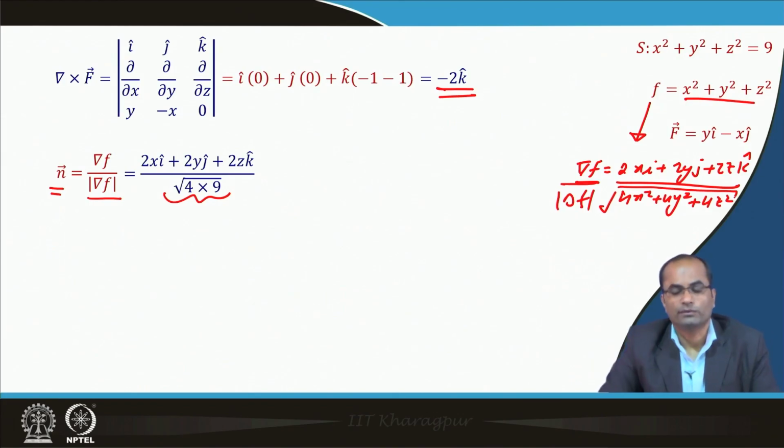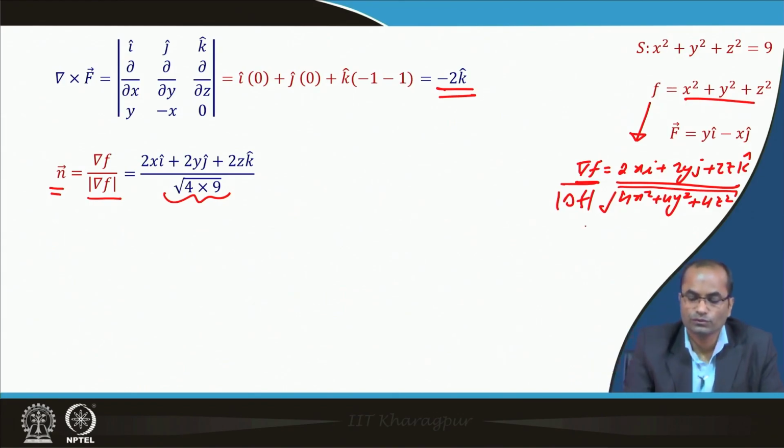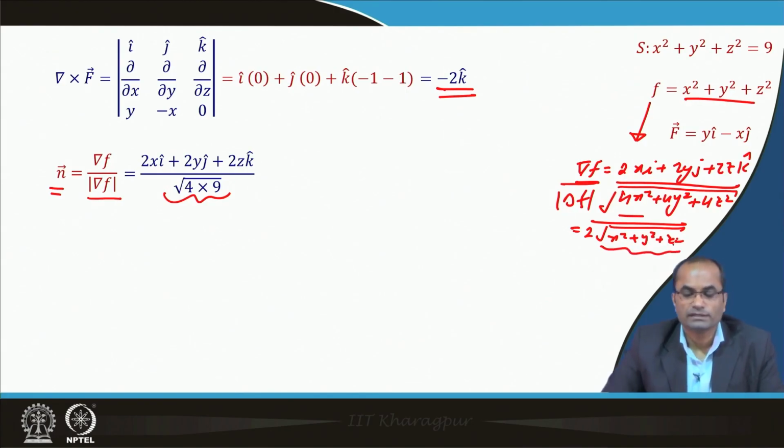So, this 2 will come out, and then we have x square plus y square plus z square in the denominator, and then we have the numerator there. So, this x square plus y square plus z square on the surface is given as 9.